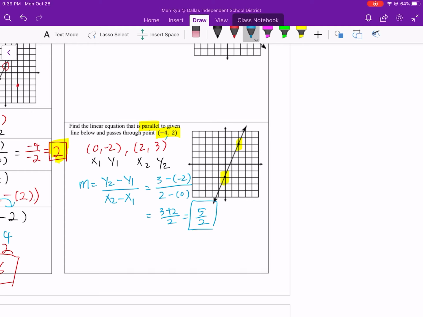Now here, let's use this as x1 and y1. Now y minus y1 is equal to slope times x minus x1. y minus, what's y1 in this case? 2. The slope is 5 over 2. x minus x1 is -4.